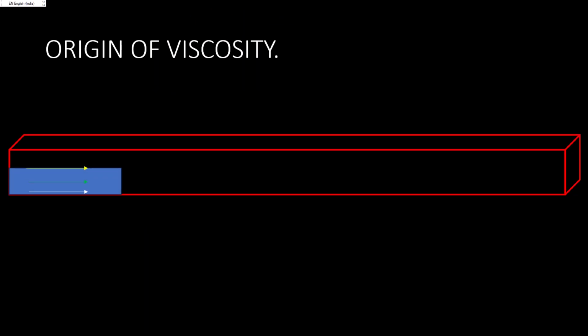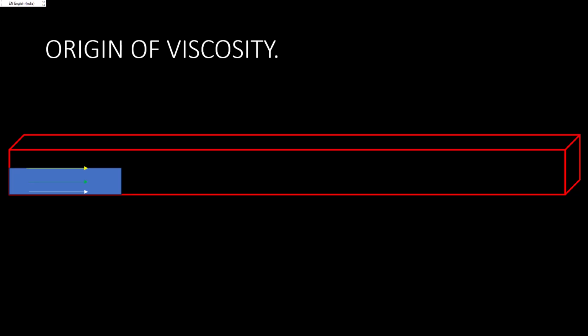How every layer of this flow reacts to the velocity. For simplicity, we consider three adjacent layers of this flow. The yellow one is in the uppermost, green in the middle, and white is fixed with the bottom.